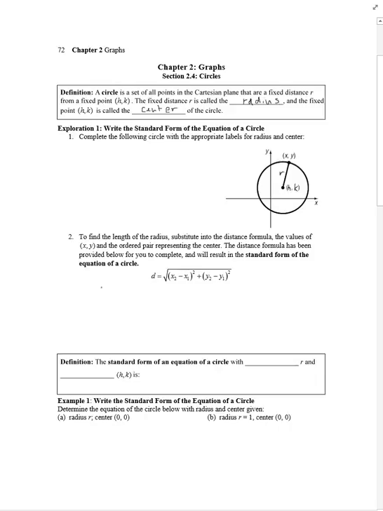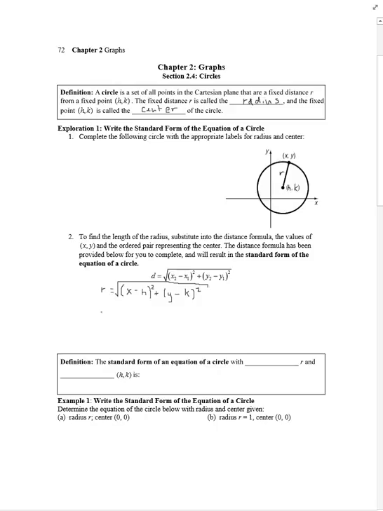So we have r equals the square root of (x minus h) plus (y minus k), and of course both of those should be squared, and it should be all underneath the square root.